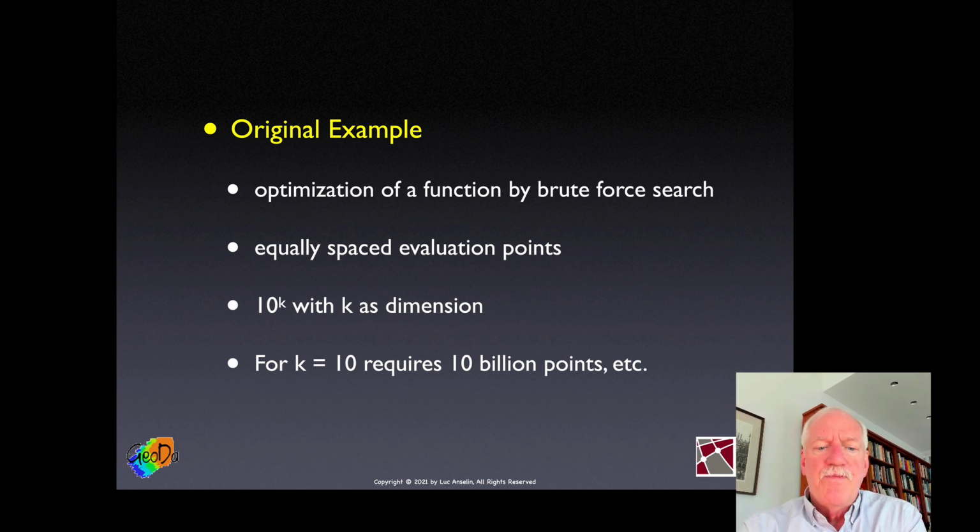So what it boils down to is that if you have, say, 10 equally spaced evaluation points in one dimension, then if you have k dimensions, you would need 10 to the power k evaluation points. For example, if you had 10 variables, 10 dimensions in your multivariate attribute space, then you would need 10 billion points to evaluate that. So clearly this becomes infeasible very quickly.